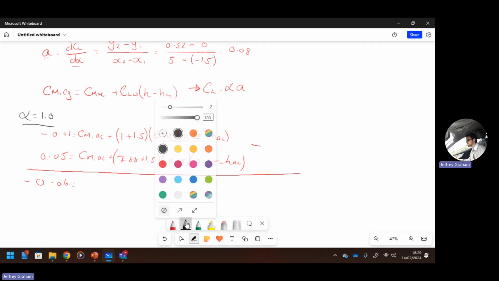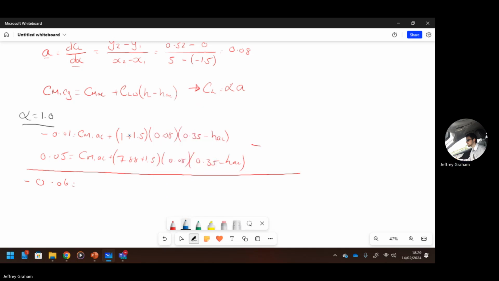Right, just do the working out that we need for the rest of it. So 7.88 plus 1.5, then multiplied by 0.08, gives 0.7504.